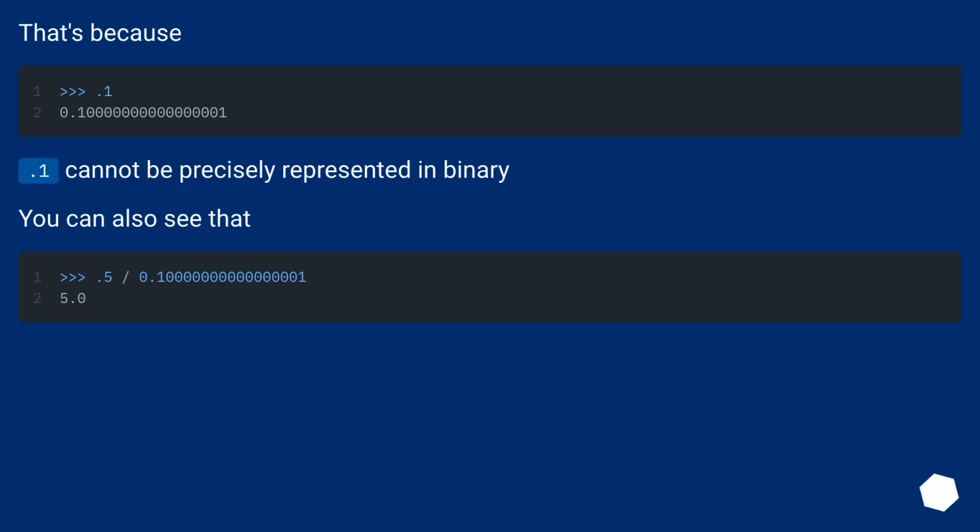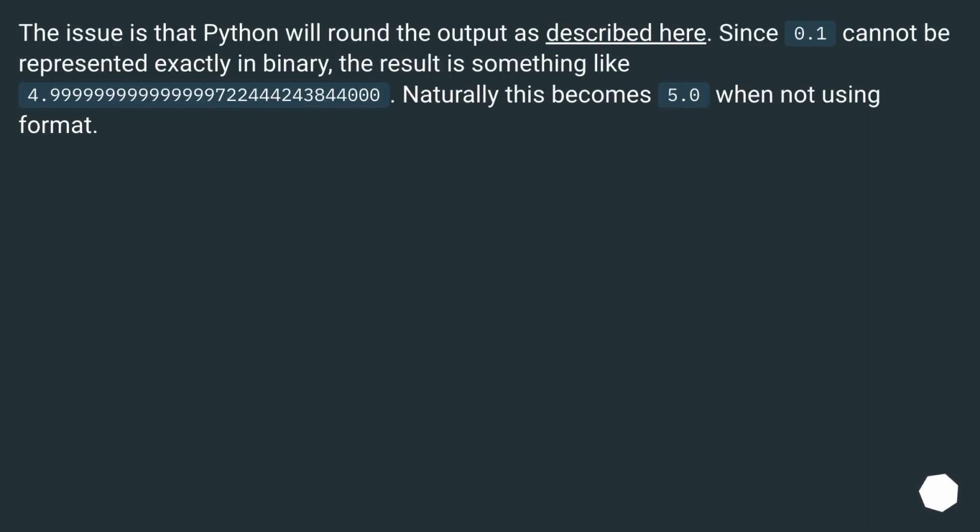That's because .1 cannot be precisely represented in binary. You can also see that the issue is that Python will round the output as described here.